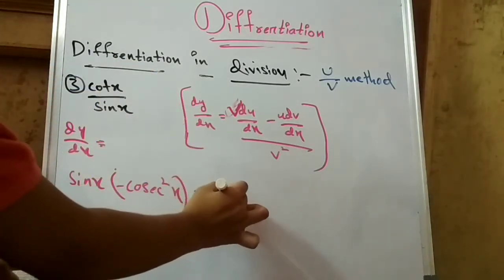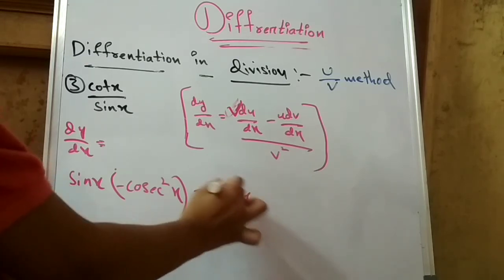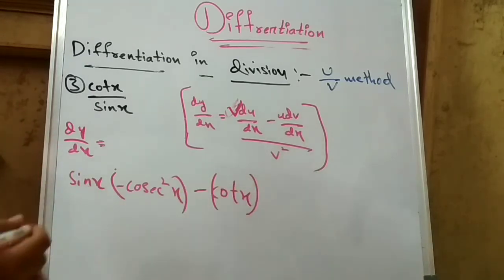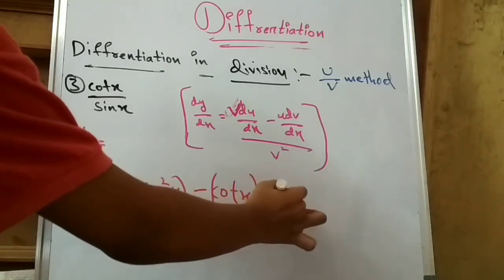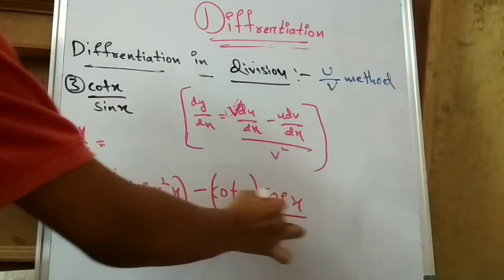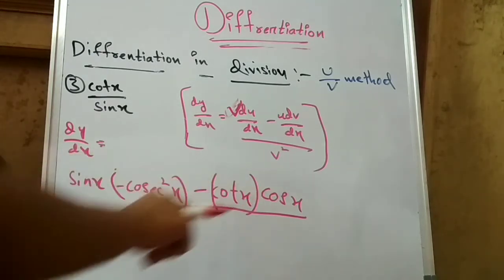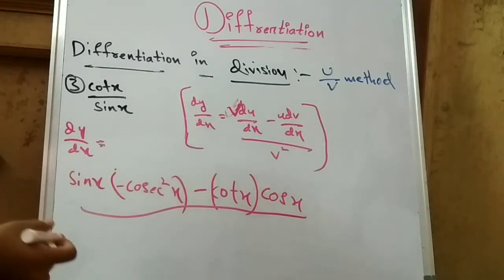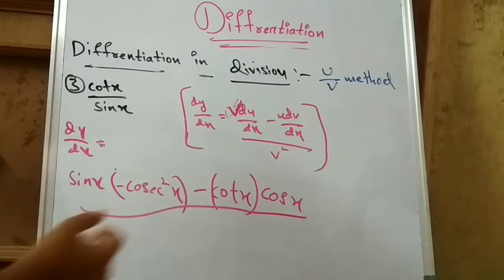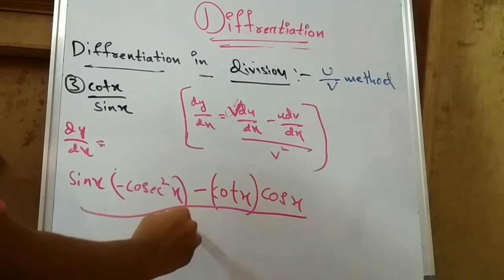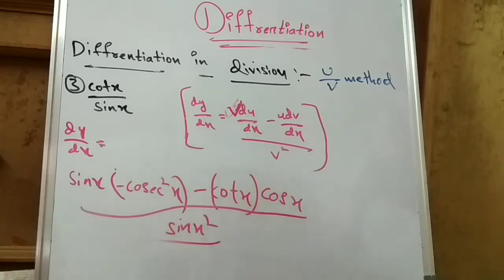So okay, cot x, sin x will be cos x. Cos x by, sorry the line went a little bit, but it's okay, sin x square. So sin x square. This will be the differentiation. I hope it was easy.